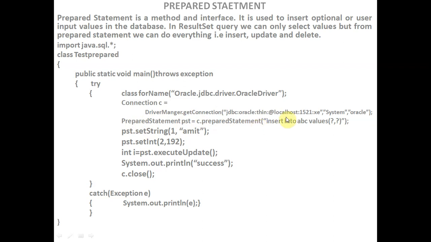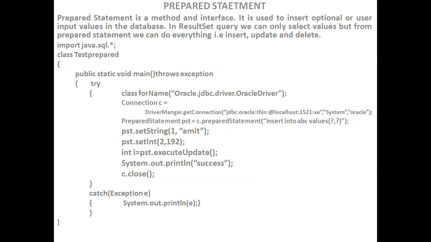By this function we have mentioned the insert query, and here we have mentioned only question marks because we are giving user input. Through the user we are inputting the values of two fields. By these statements we are providing the first value and second value, and here we are directly copying Amit and 192 into pst.setString.